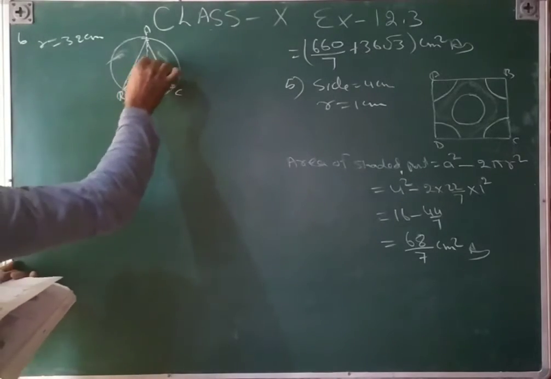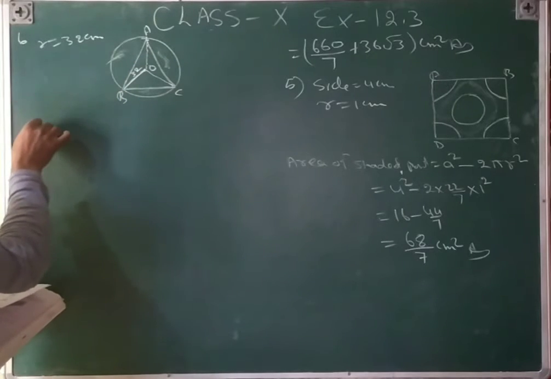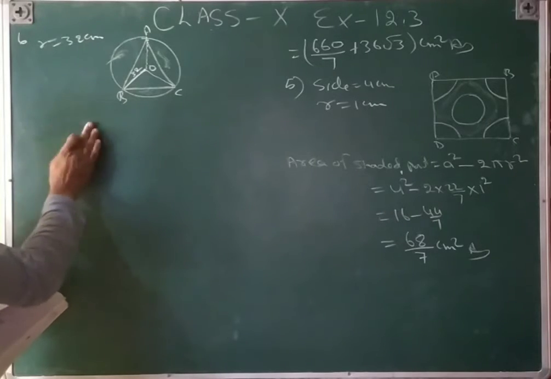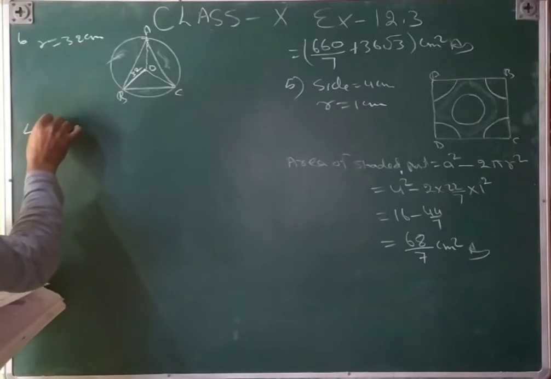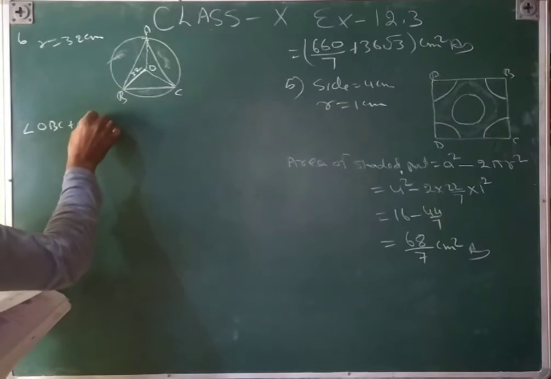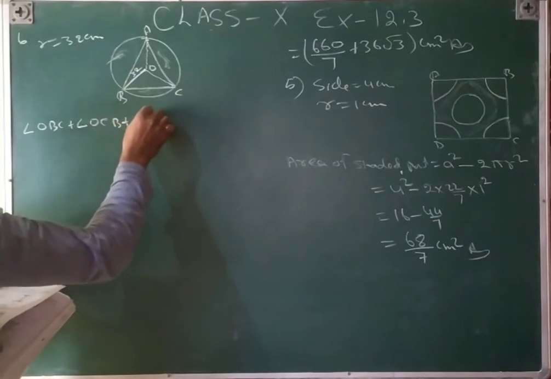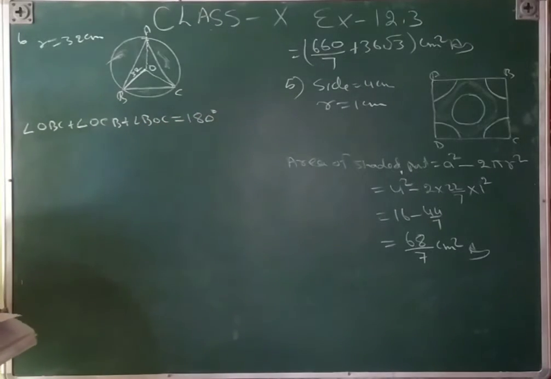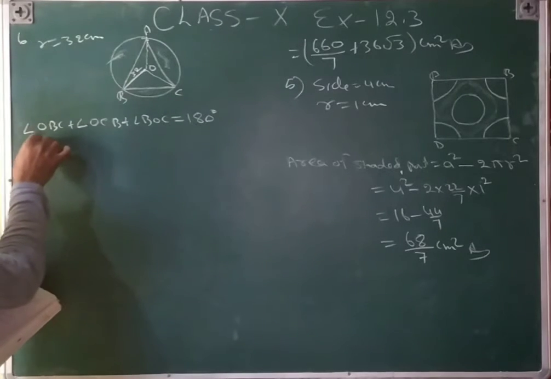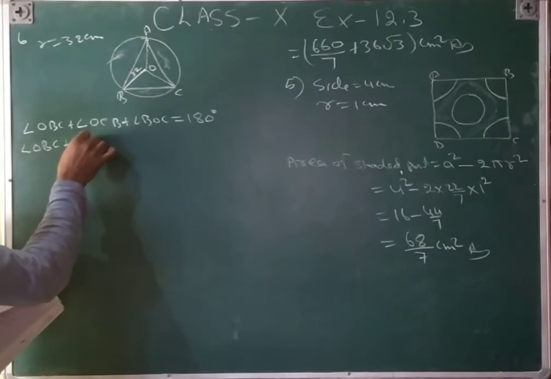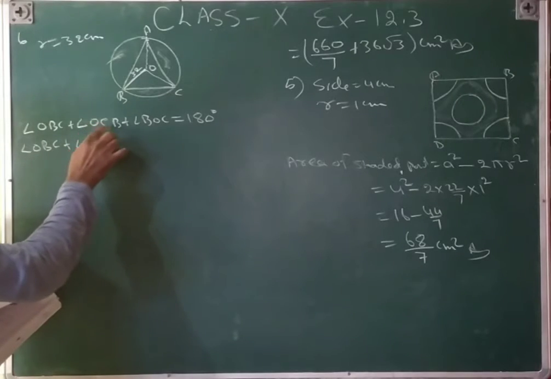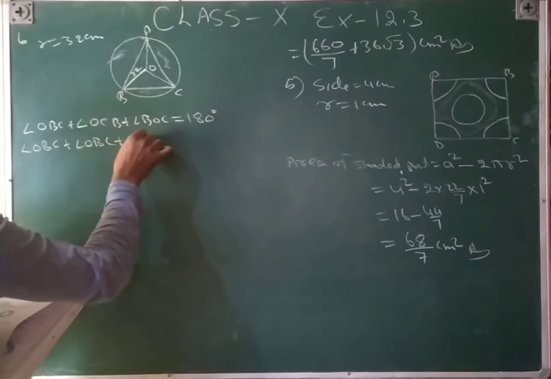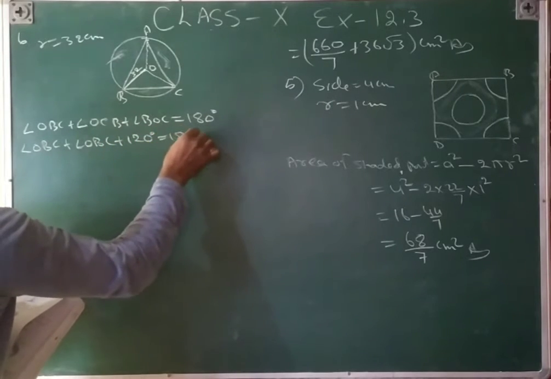So that is O. Here we will write angle OBC plus angle OCB plus angle BOC is equal to 180 degree, by the sum of angles of a triangle. So angle OBC plus angle OBC, because OBC and OCB are both equal by the radius, plus 120 degree is equal to 180 degree.